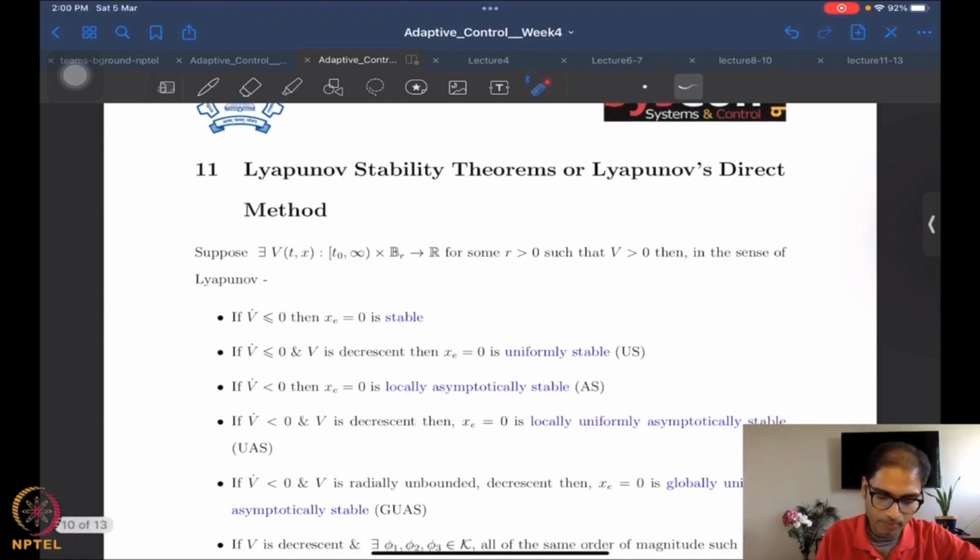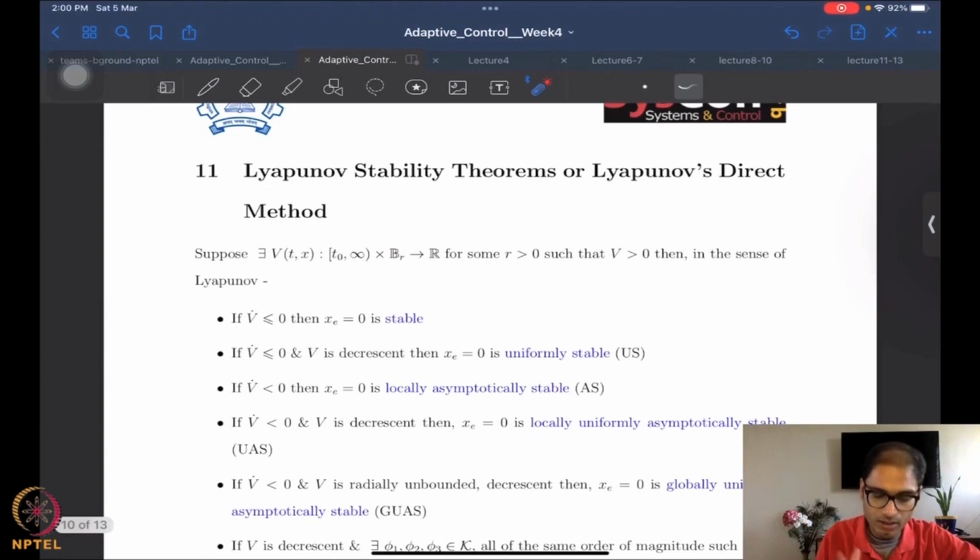Again, this is for the local results. Notice that the solutions of the dynamical system are also assumed to exist in this ball only. So we've consistently kept the same size of ball around the origin, in which the solutions exist and in which the function V is also defined.